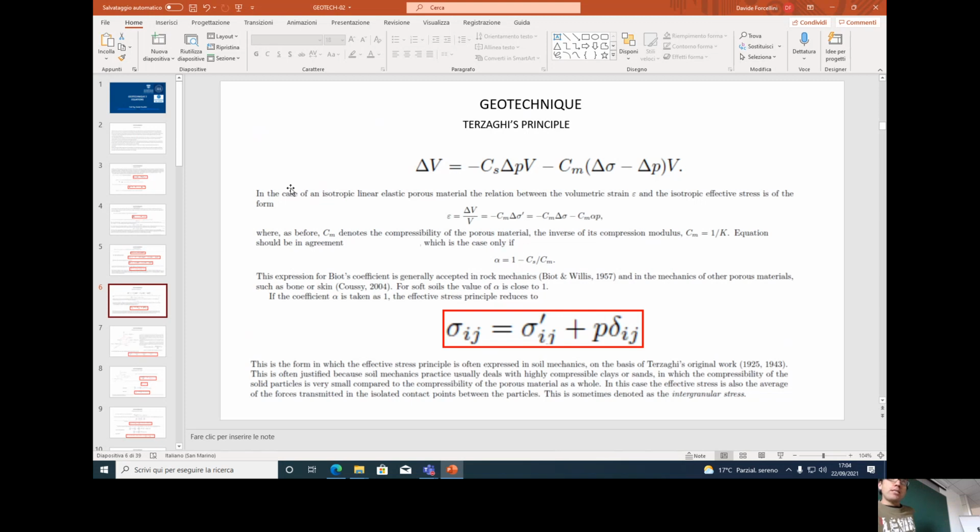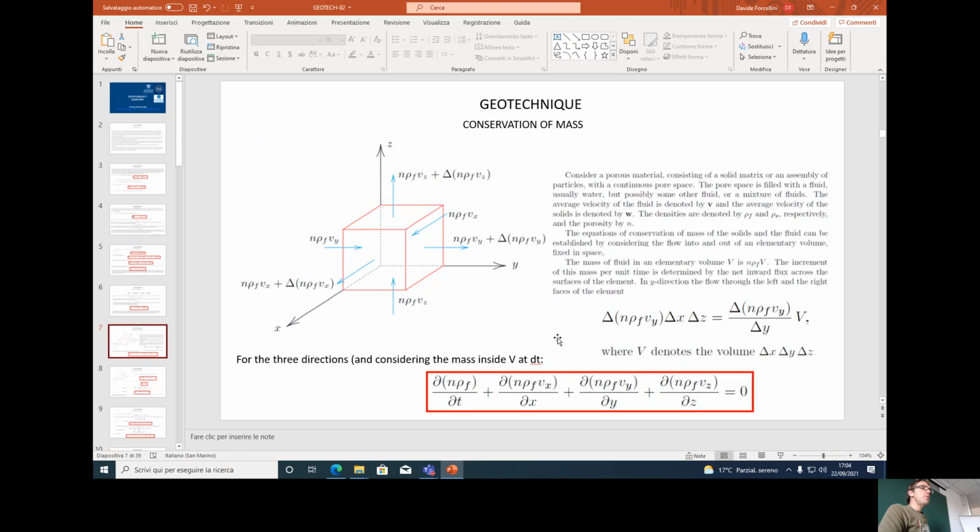Then we introduced a simplification with the Terzaghi principle, that, remember, is only an approximation. Terzaghi is a principle, not a theory. That is this, and it is important that you remember this formulation.